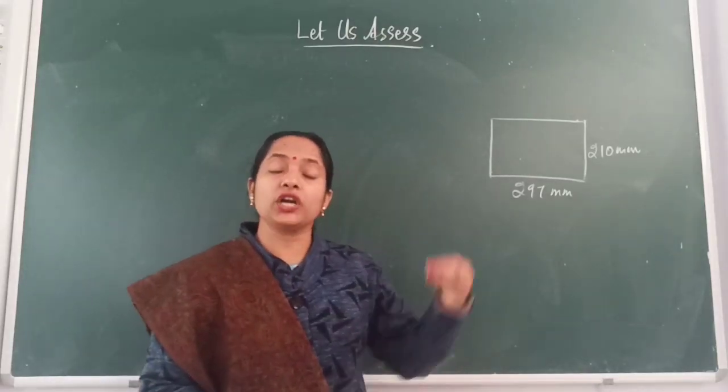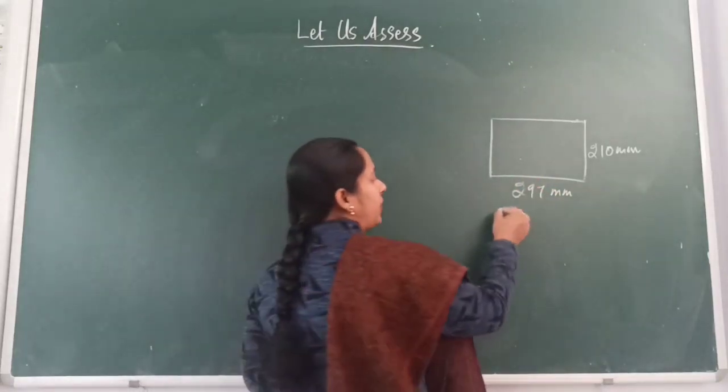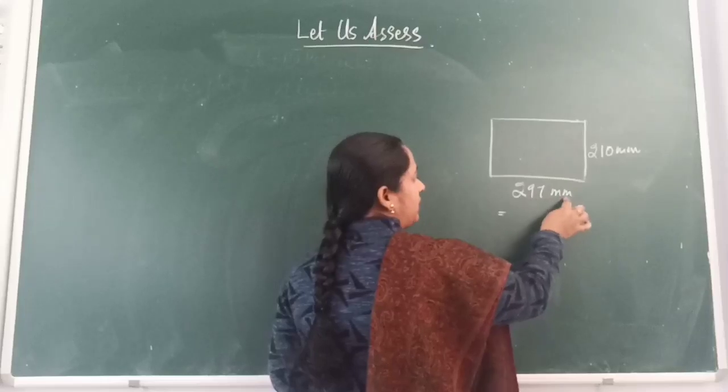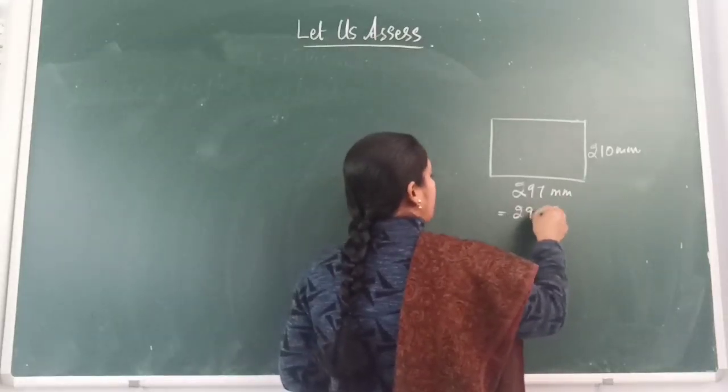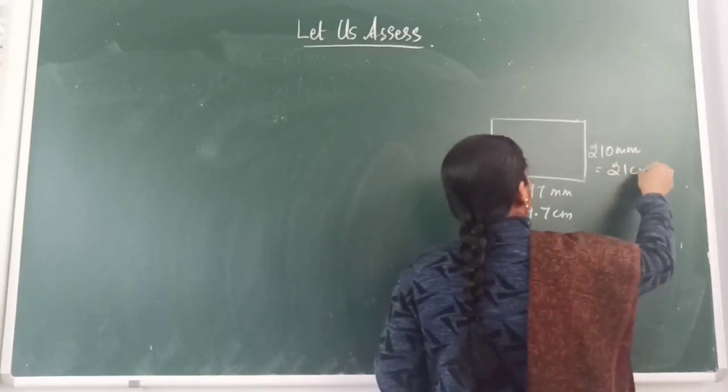And if you convert these dimensions into centimeter, 297 millimeter is 29.7 centimeter, and this is 21 centimeter.